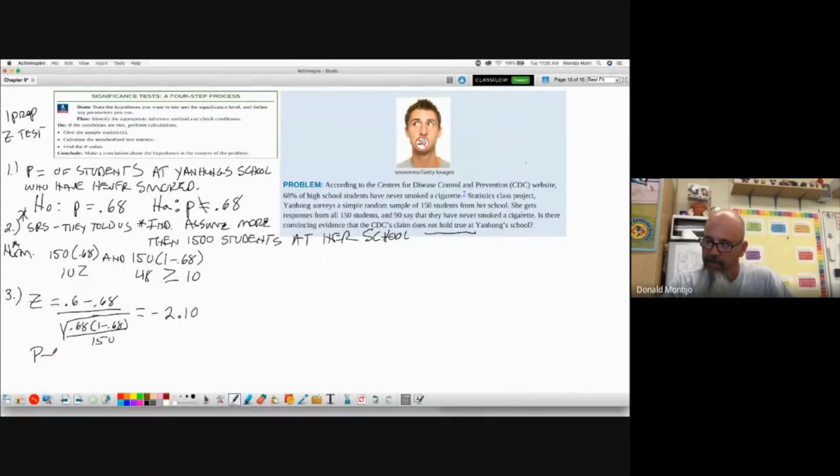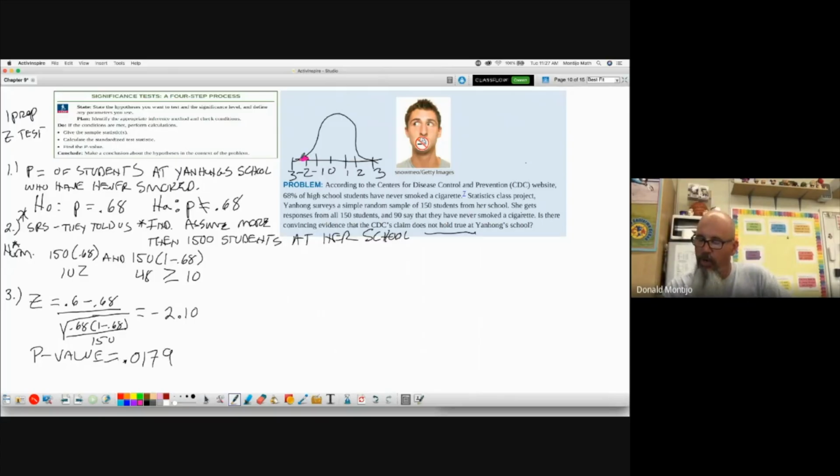So my p-value equals 0.0179, but that's not truly my p-value because my alternative is two-sided. So I need to look at the area in both tails. When I standardize, I convert it to this curve. Negative 2.1, that would be this area out here.